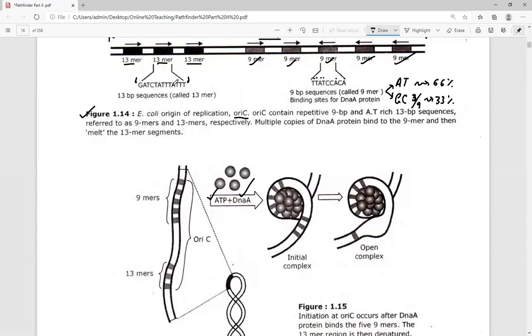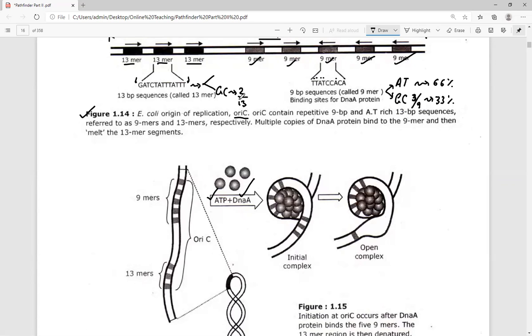Now look at the 13-mer region. What is the percentage of GC content? There is a single G and a single C out of 13 positions. So the GC content is 2 upon 13, a very low value, and the AT content is very high.